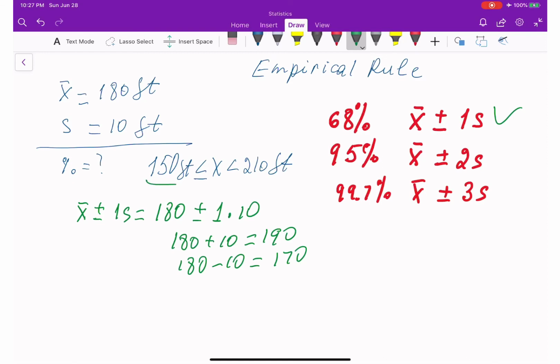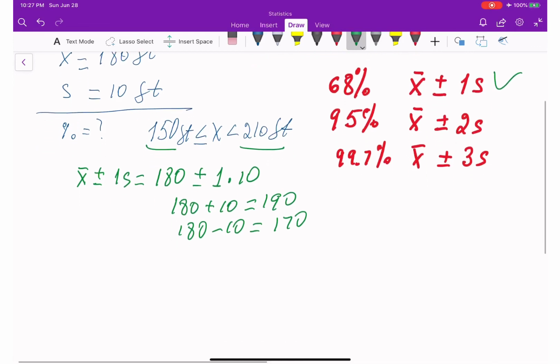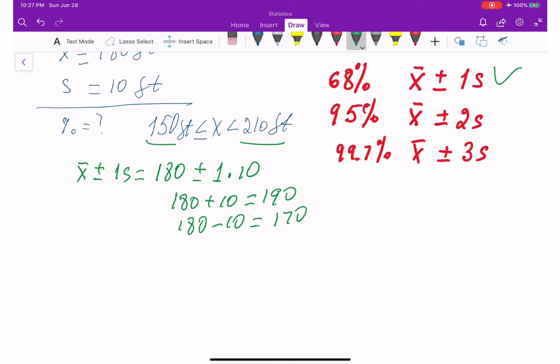And as we can see, it doesn't fit the range we are interested in. Okay, next one.